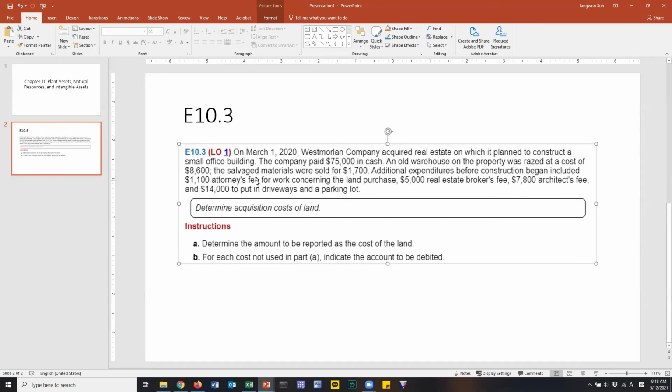One good piece of news is the salvaged material. We can save some cost by selling the salvaged material at $1,700. Let's wrap up.